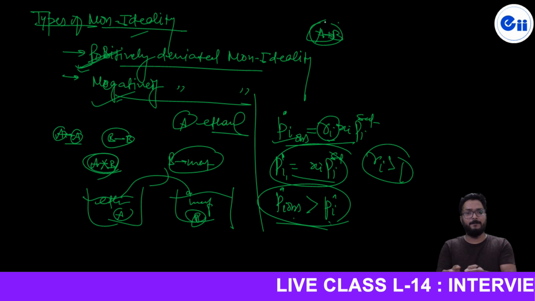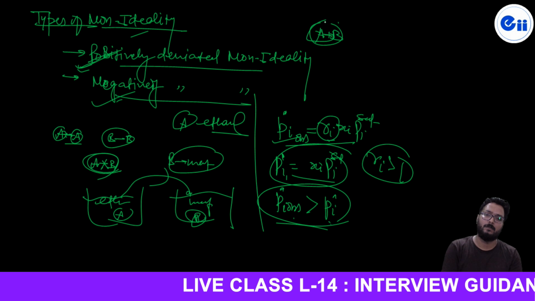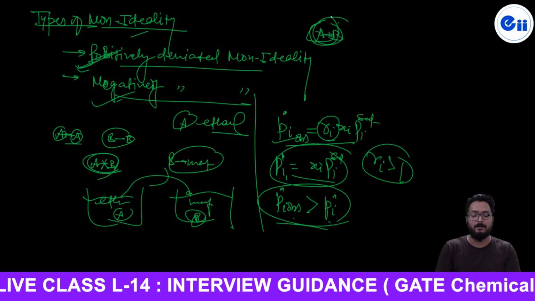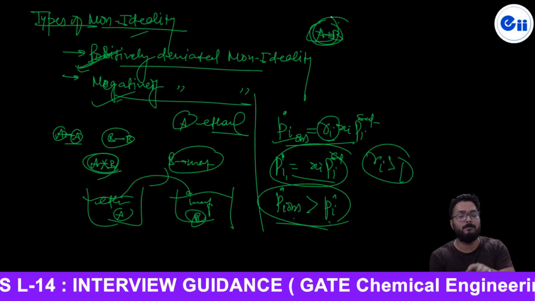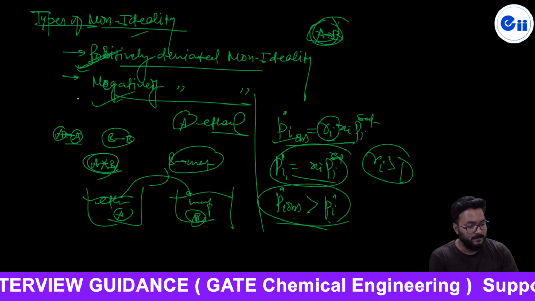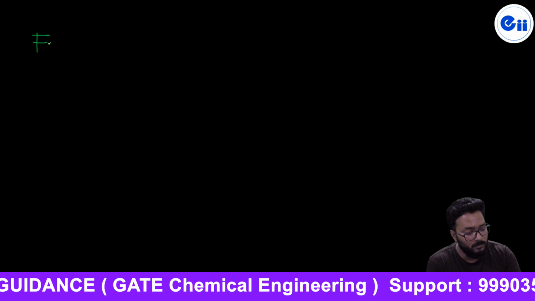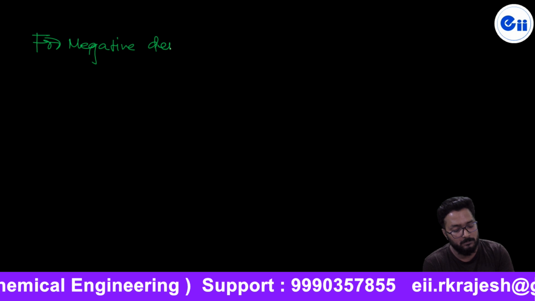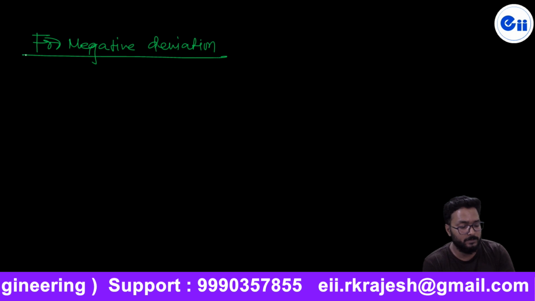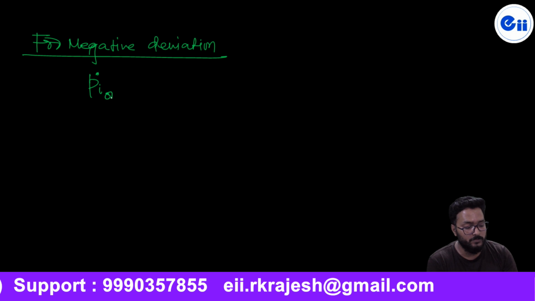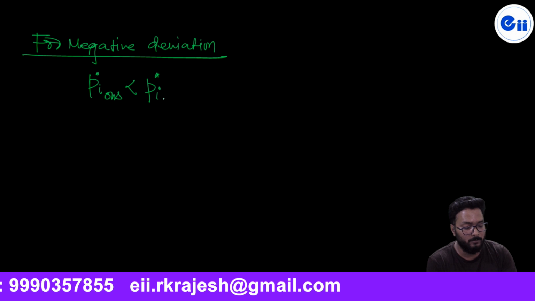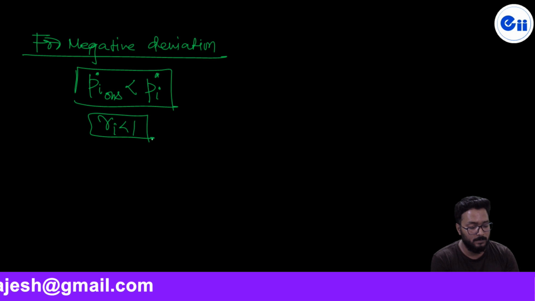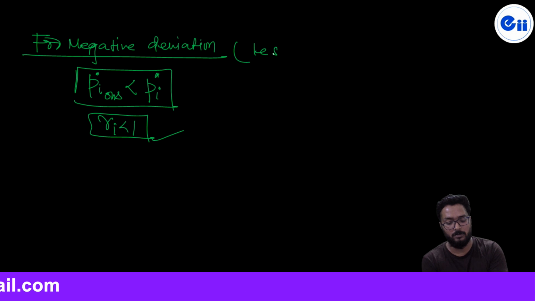For example, if a hydrogen bond forms between A and B. In this condition, since they attract each other due to the hydrogen bond, the observed partial pressure is found to be less than what we have calculated by the ideal Raoult's law. It means in the case of negative deviation, the Pi star observed is found to be less than what we have calculated by the ideal Raoult's law, and that's why gamma i should be less than 1, and it is very uncommon. The reason I told you.